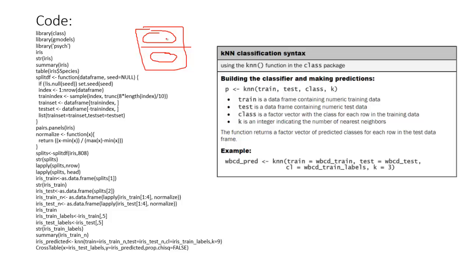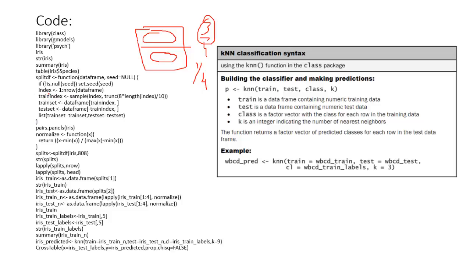How much size your test data should be, and how much your training data should be, depends on the size. Try taking 3 by 4 and 1 by 4, because the more data you train on, the better the accuracy of the result you will get. And that's what I'm doing here.